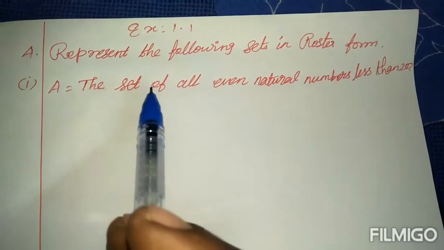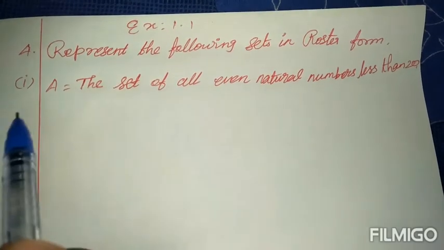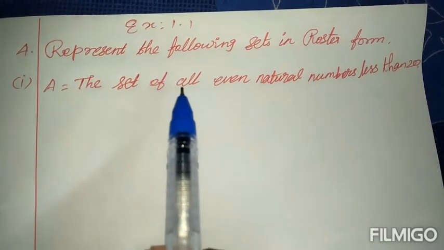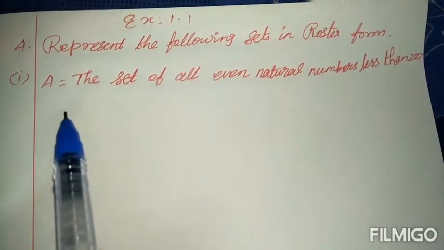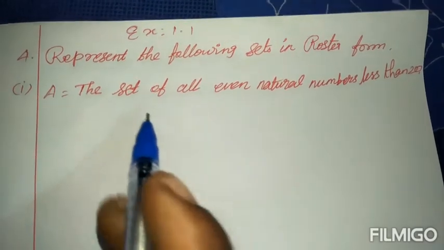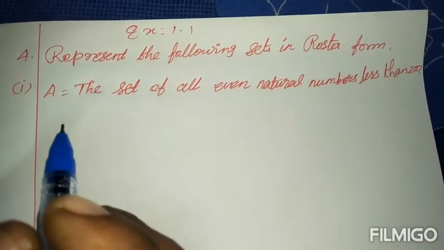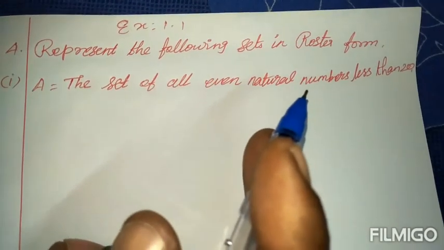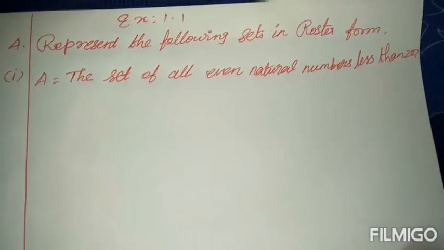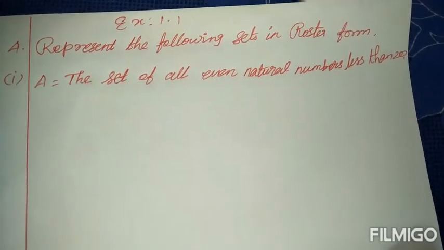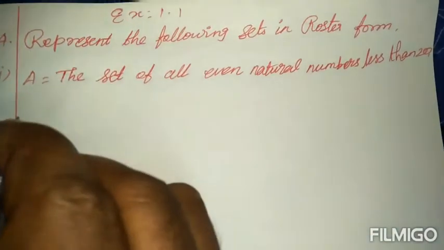We have to write the descriptive form in roster form. That is, we have to convert into the roster form. So, set of all even natural numbers. Before converting to the roster form, first we can list the natural numbers.